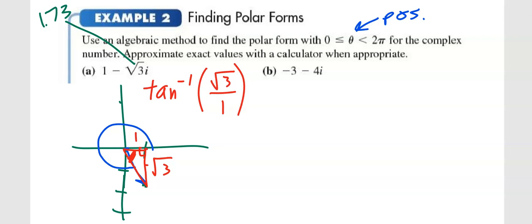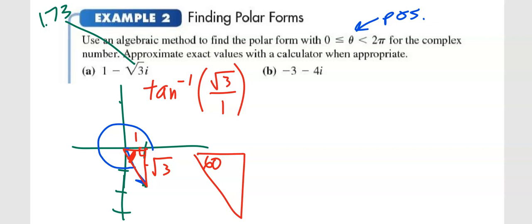Inverse tangent of the square root of 3. Dividing by 1 is not all that important. And we get 60 degrees. So inside that triangle is a 60-degree angle.